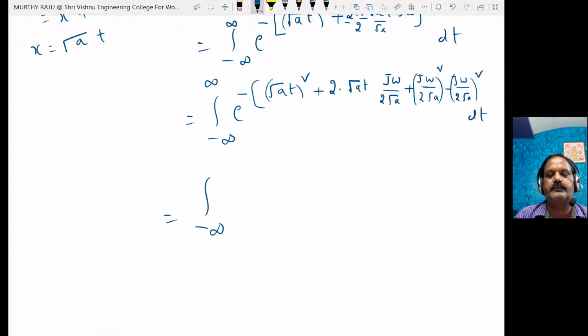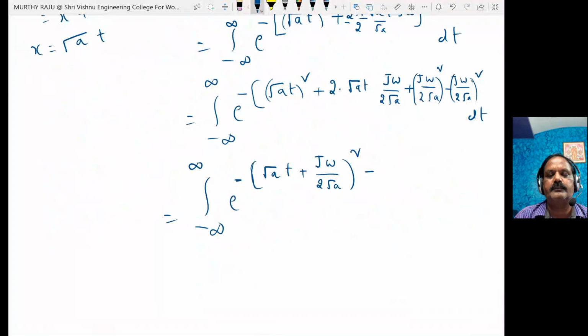integral from minus infinity to plus infinity e power minus, x is root a t, y is j omega by 2 root a, whole square. Root a t plus j omega by 2 root a whole square. Here minus j square.